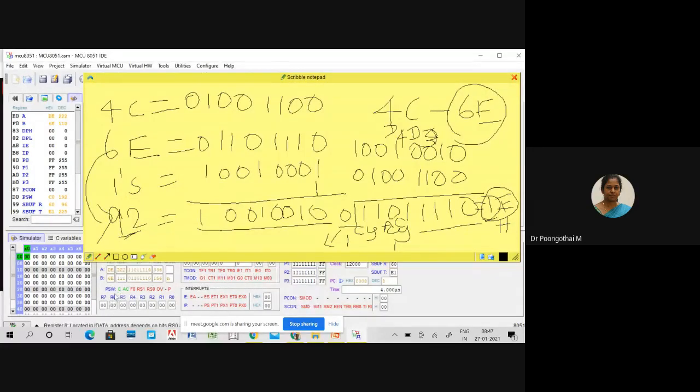So using this carry, the user has to interpret the results, whether the result is in 2's complement form or true form. Is that clear? So the user has to interpret the result using the carry flag in unsigned subtraction. In case of signed subtraction, we have to check the overflow flag.